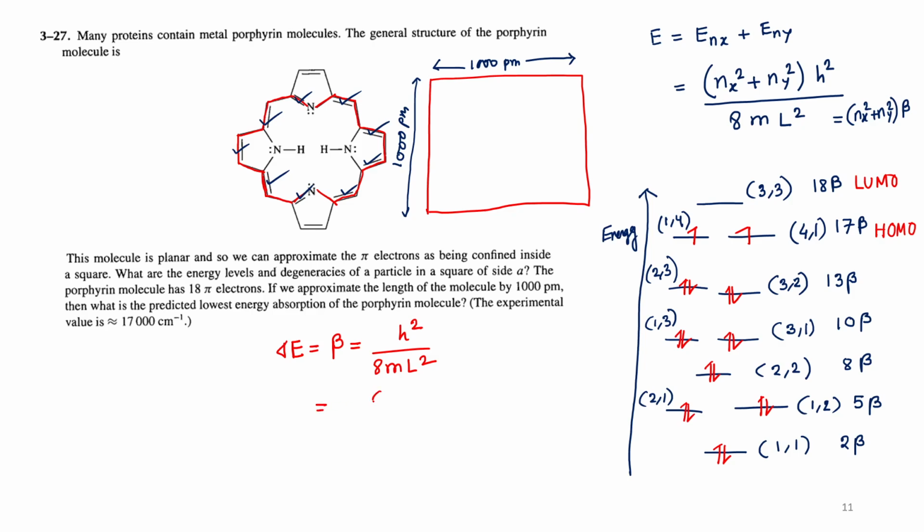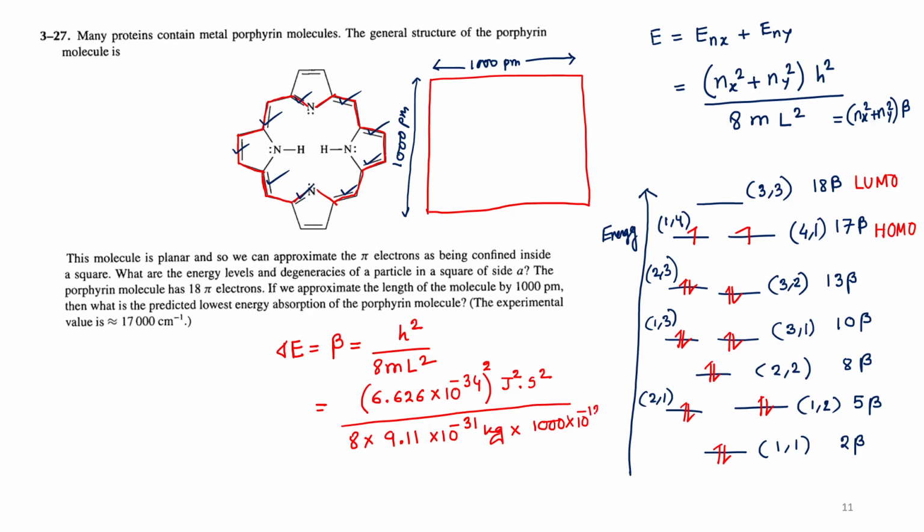Now one can plug in the values, and L we have approximated as 1000 picometer. Picometer means 10 to the power minus 12 meter.